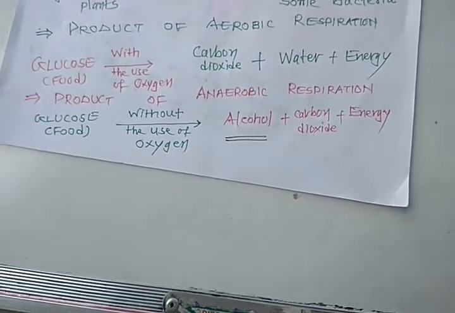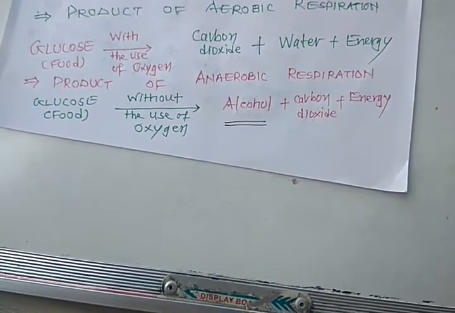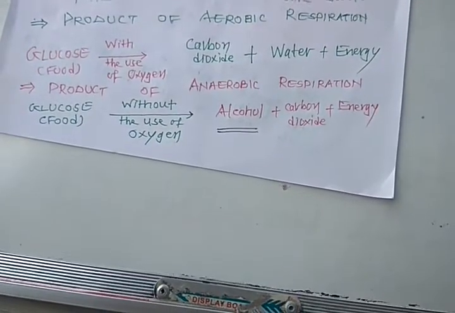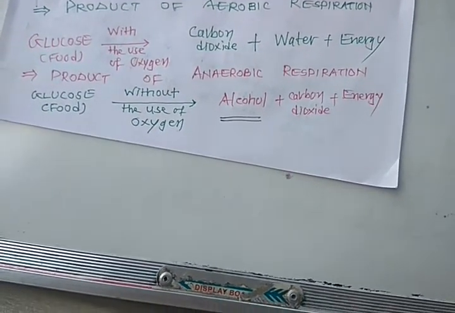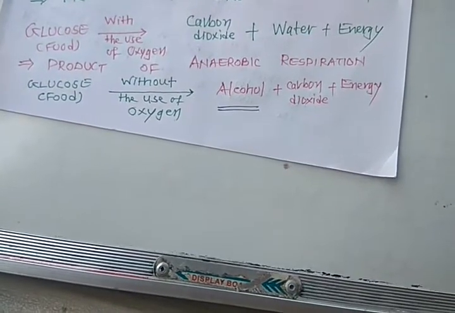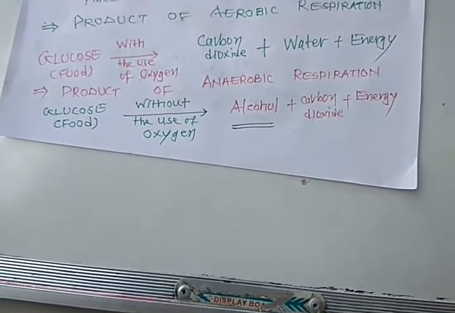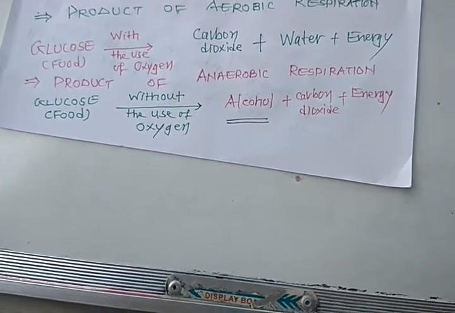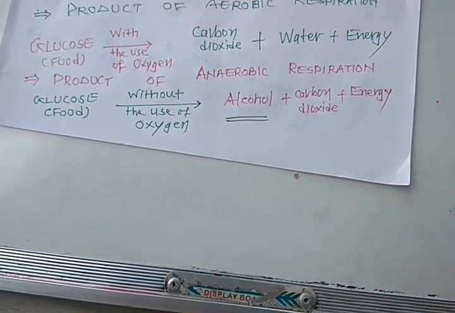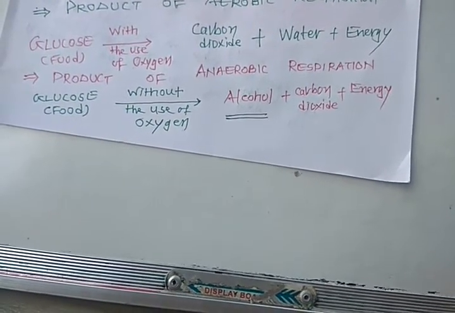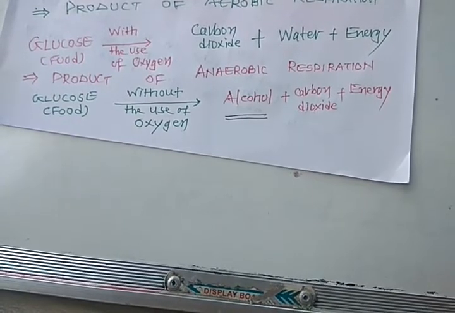While in the case of anaerobic, alcohol is produced; carbon dioxide is also produced here. So, do you know the alcohol property? Alcohol in simple language is wine, right? And this alcohol is used in industries, in colors and in dyeing.